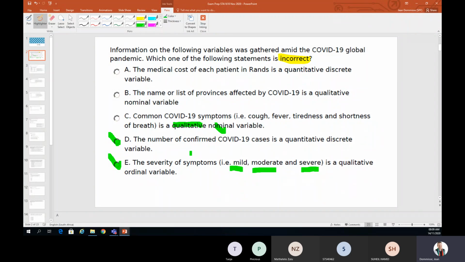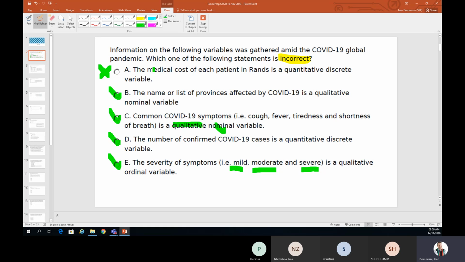It's not like here where the severity of symptoms is in order. So that is also right. The name or list of provinces affected by COVID-19 is a qualitative nominal variable. Again, no order in provinces. So that one is correct. So that one must be wrong.